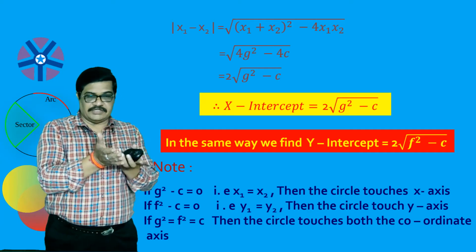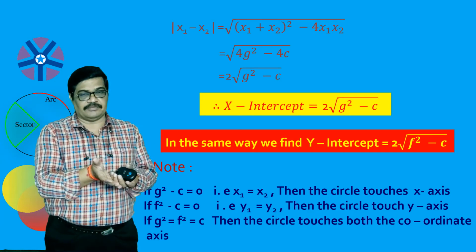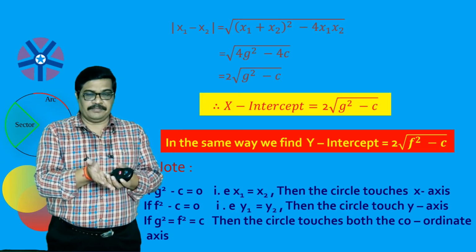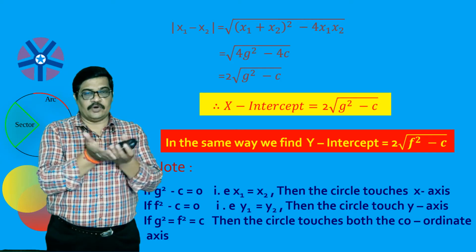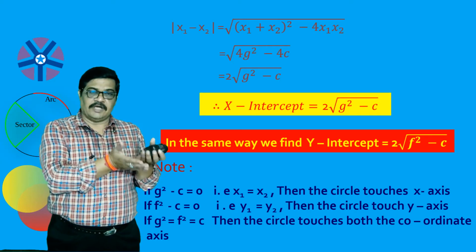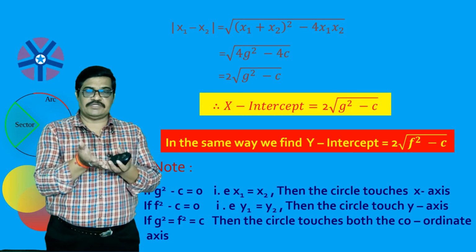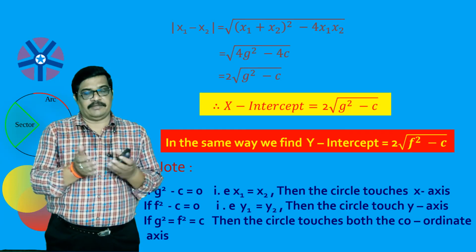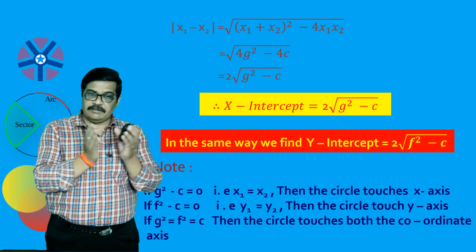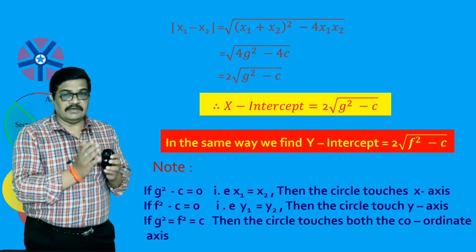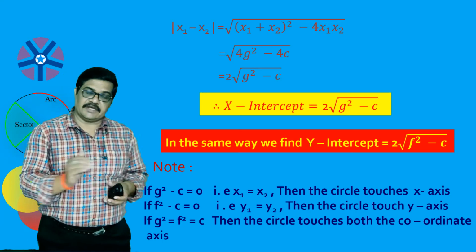If g square is equal to c, the x-intercept is 0. If the x-intercept is 0, the x-coordinates x1 and x2 coincide. The x1 is the x-coordinate of A and x2 is the x-coordinate of B. These A and B coincide, then the circle touches the x-axis.